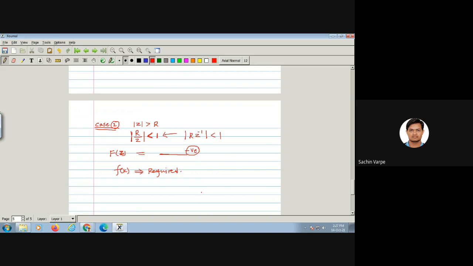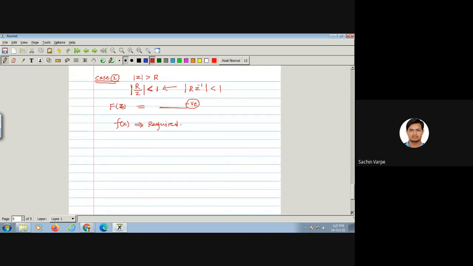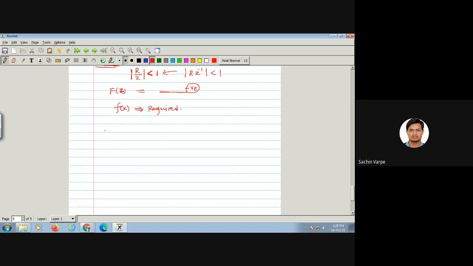Yes, sir. So let us do the same thing for the last example, that is for f of z equal to z upon z minus a in the ROC mod z greater than mod a. We all know whose Z transform this is in this region. Let us prove it now inversely.